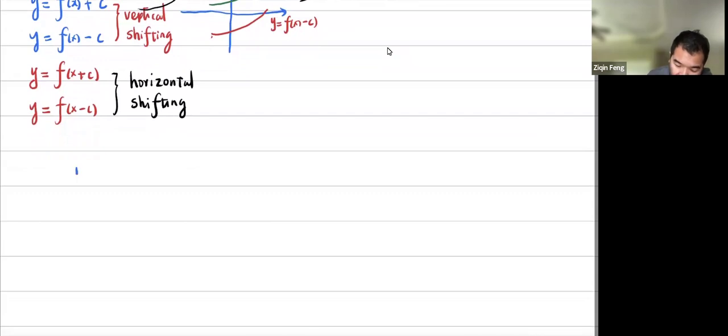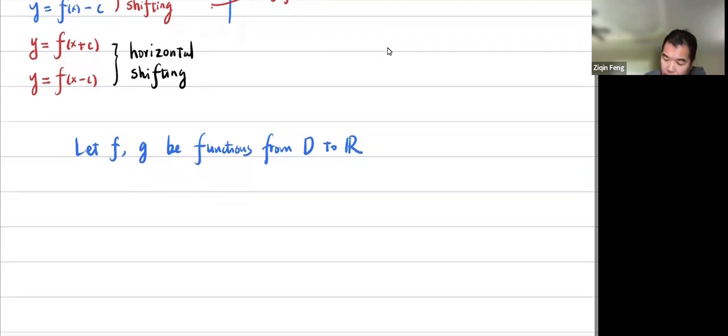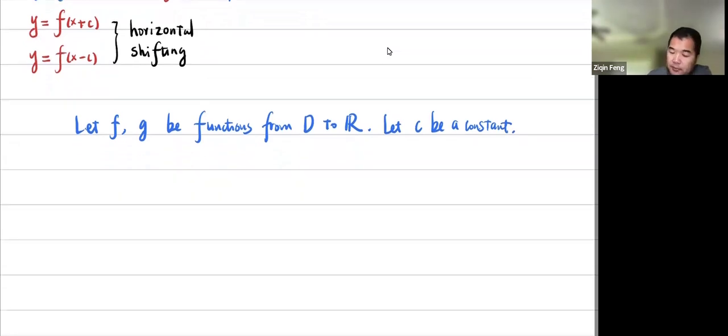Let f and g be functions from D to R, and also let c be a constant, a number.